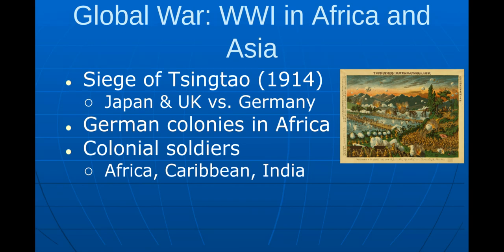Well, after World War One breaks out, now you have these colonial powers fighting each other in these colonial locations, and China became one of these locations. There is a battle at the Siege of Tsingtao in 1914, where Japan and Great Britain fight Germany.